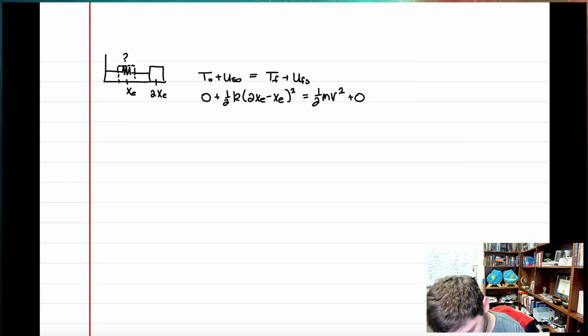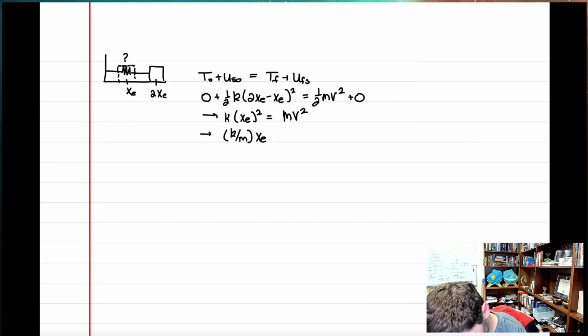There's a 1/2 on everywhere, so I'll cancel that. So it looks like k x sub e squared equals m v squared. Then k over m times x sub e squared equals v squared, or that v equals plus or minus the square root of k over m, times x sub e.